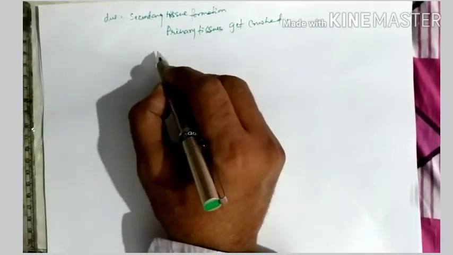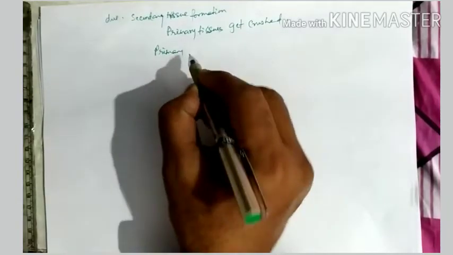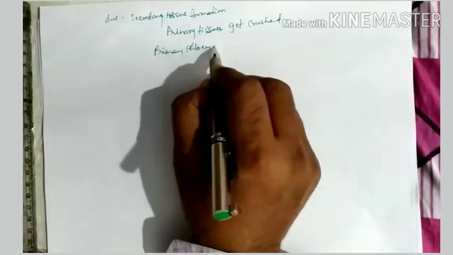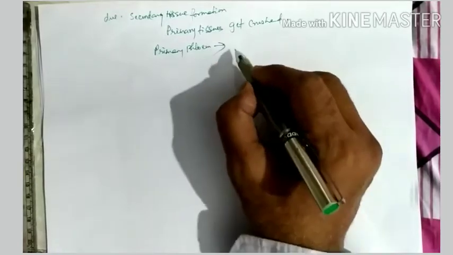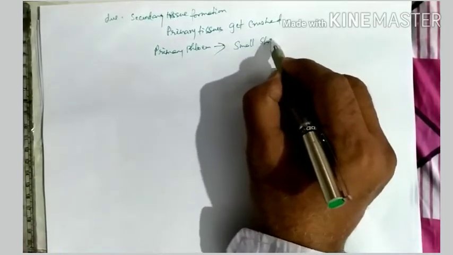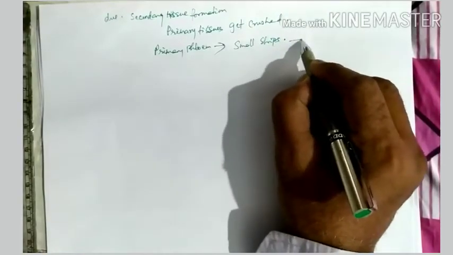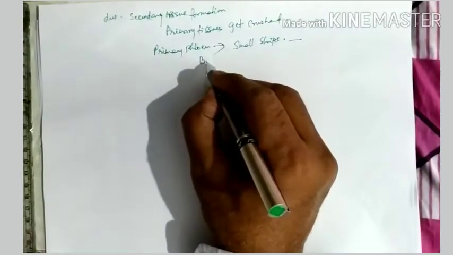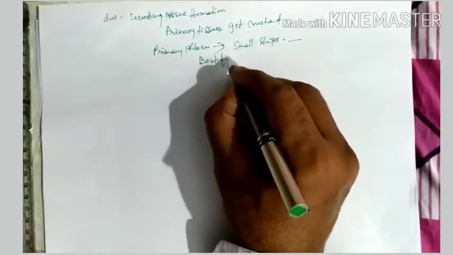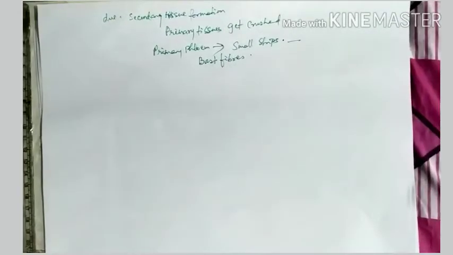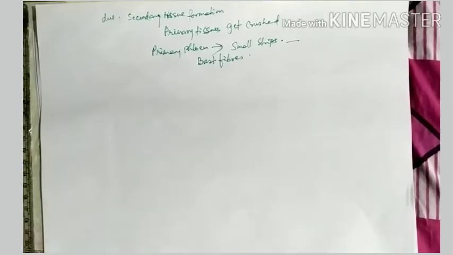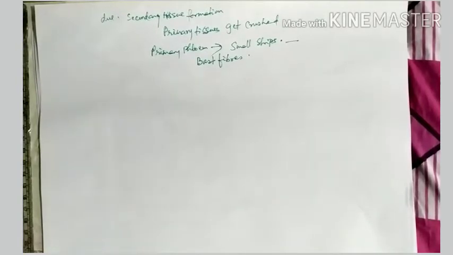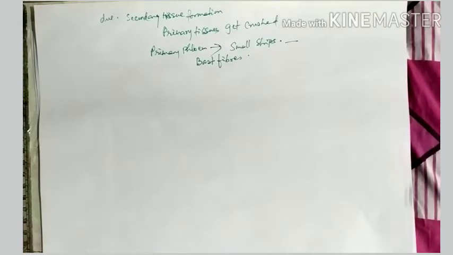The primary phloem, seen after secondary growth, looks like small strips due to the crushing caused by secondary growth, and these are known as bast fibers.